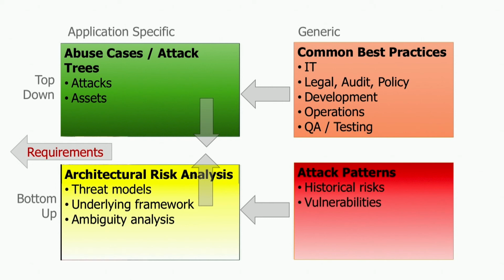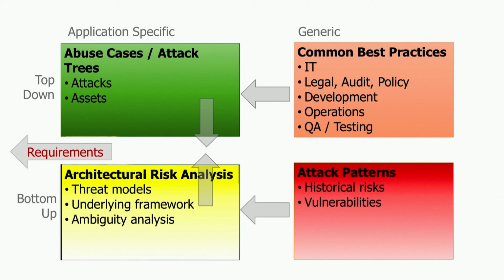All of these are best practices that may inform some aspect of security requirements. On the bottom part, attack patterns, so just understanding the way that an application like yours has been attacked in the past, what kind of vulnerabilities have been attacked, what are some historical risks in the past. Those are input into your security requirements.